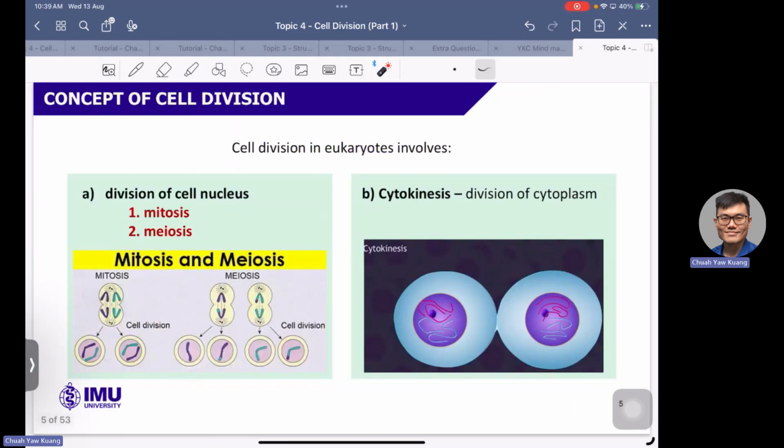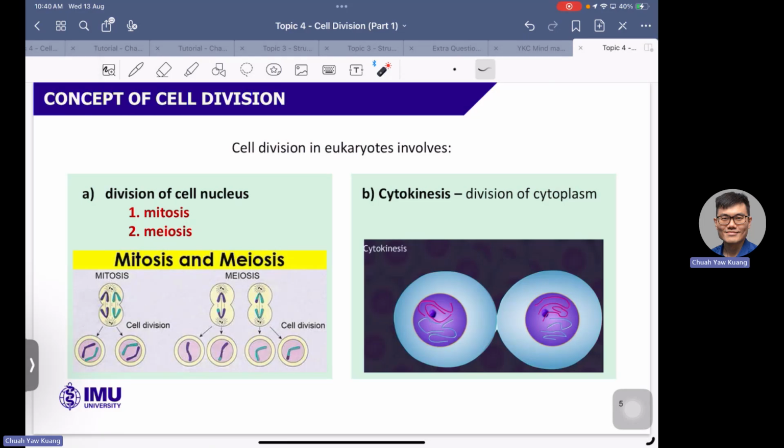Now you can see that in eukaryotic cells, we do the division of the cell nucleus, which is mitosis or meiosis. Then we have to do cytokinesis, which is division of the cytoplasm. So you have to have this concept that mitosis and meiosis can only be done by eukaryotic cells. Why? Because mitosis and meiosis is the division of the nucleus, and prokaryotic cells don't have a nucleus.